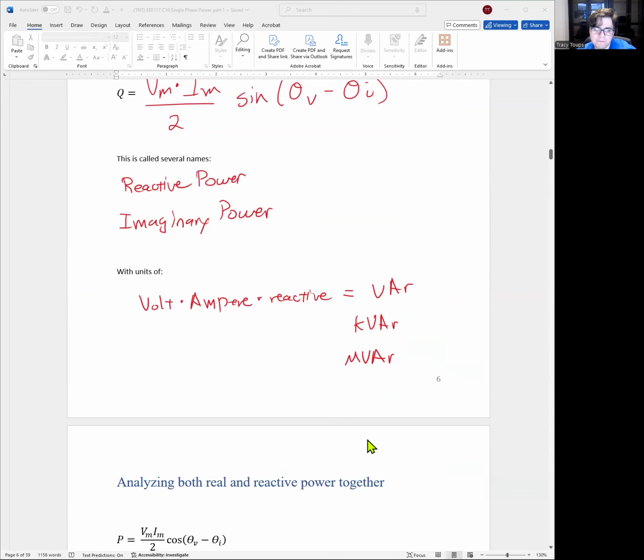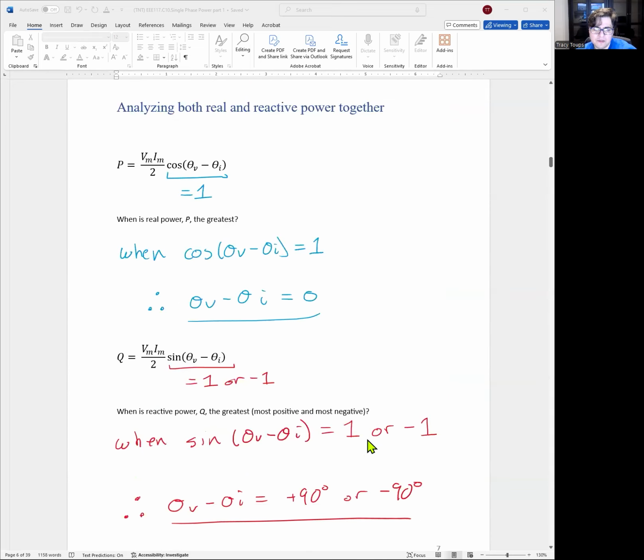Okay. Now, remember, let's put it together. Main components. We had instantaneous power. We broke it up into two major components. Real power up here, which is the average power, that's permanent energy flow.